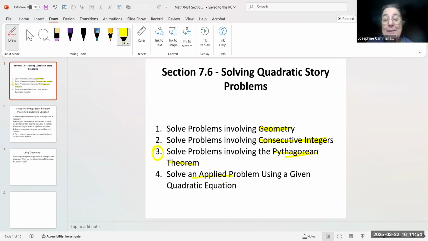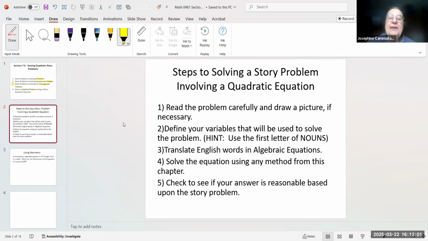And then we're going to have some more applied problems, story problems, just what you like. Now, here is a set of instructions. I always like to put them there so that you can have some way of doing it when I'm not sitting next to you and you're doing your homework. Read the problem carefully.